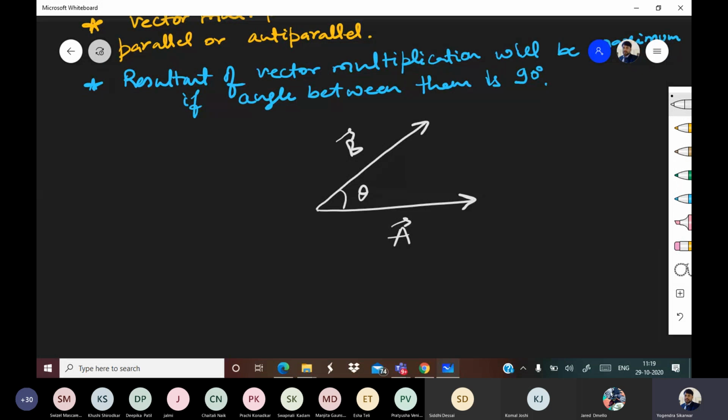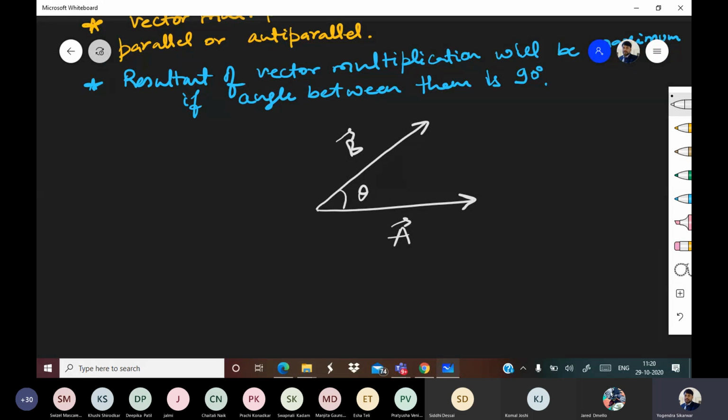All of you, please stretch your right palm in the direction of A vector. So your four fingers are in the direction of A vector. Now you need to curl your fingers from A to B. When you curl your fingers from A to B, the thumb is pointing towards the direction of A cross B.